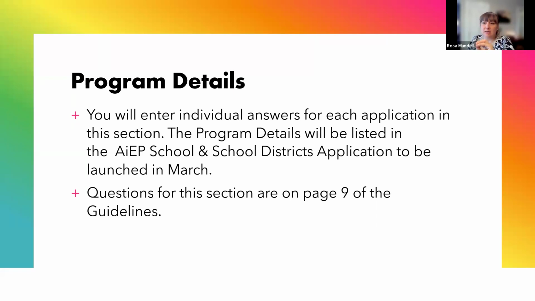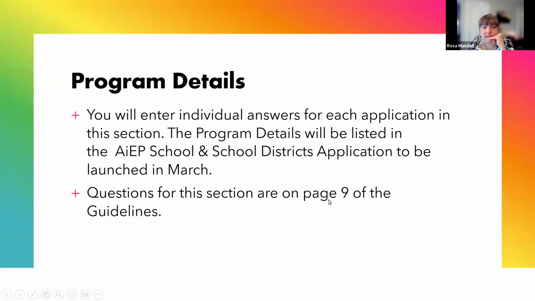When you do your second application, if it is watercolors, a totally different program on a different subject, you're going to enter all of the answers individually, and you'll have a separate program budget for that as well.